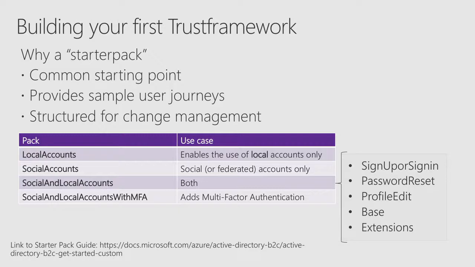So building blocks then has, as was exactly the case on the slide, 4 or 5 sections. This claim schema, which will contain all the claim types that this policy has to be able to deal with. It has claims transformations. It has client definitions. An example of claims transformations could be, let's say you have a date of birth of a user, but it should not be sent to the application in a token.